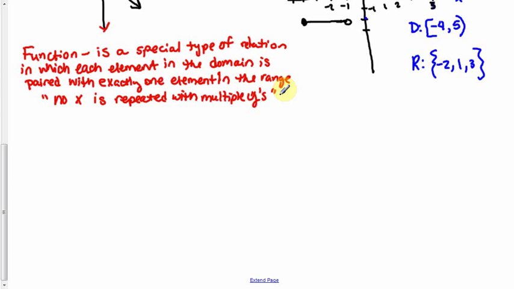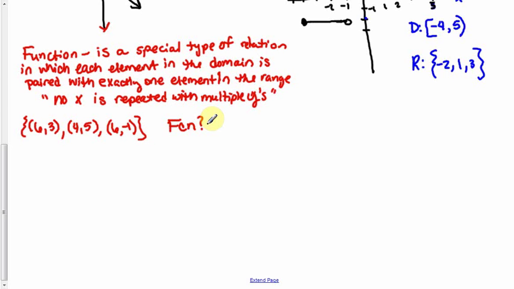So if I gave you a set of ordered pairs, and I said, is this a function?